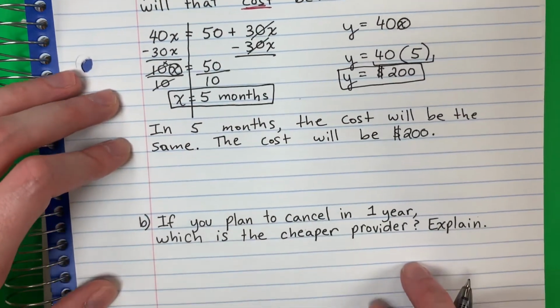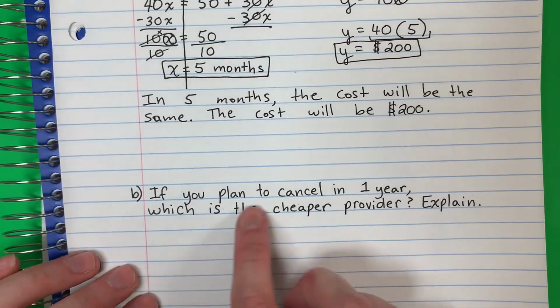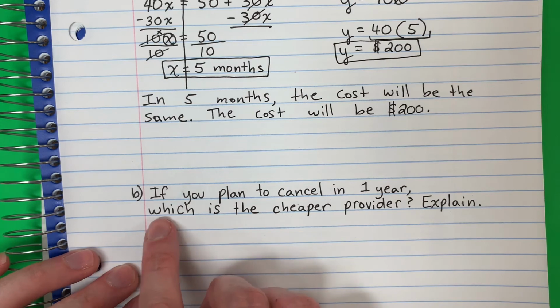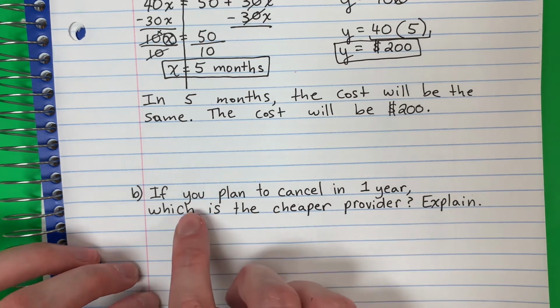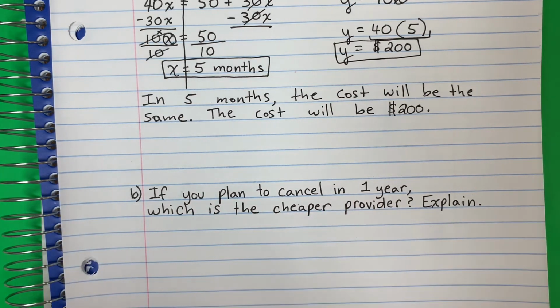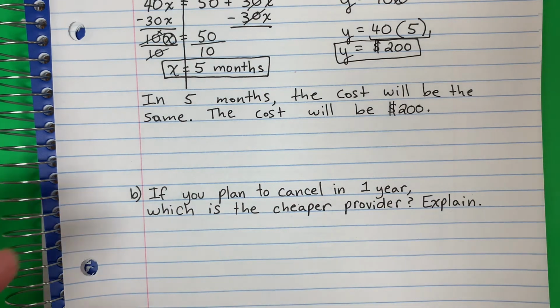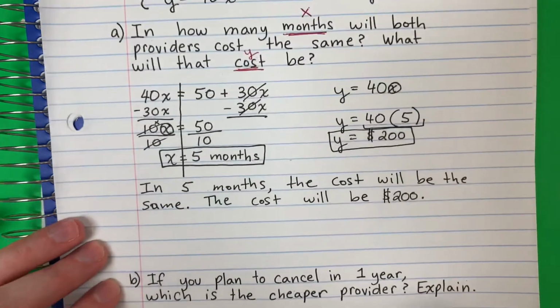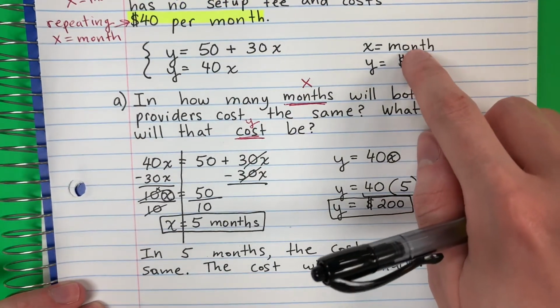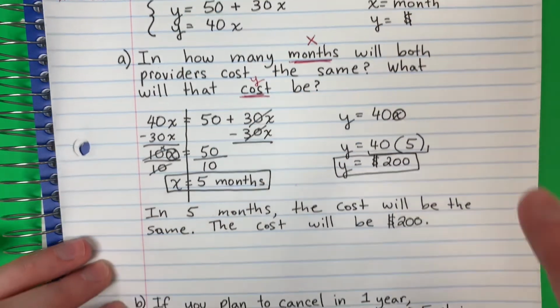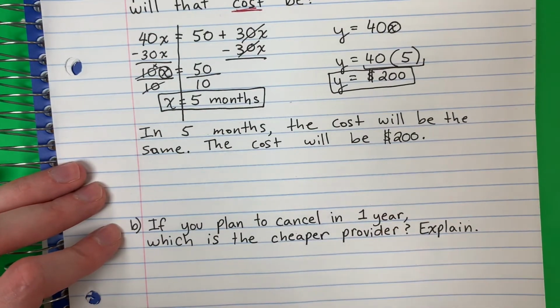Okay. B. If you plan to cancel in 1 year, which is the cheaper provider? Si quiero cancelar en un año, ¿cuál es el más barato? Explain. Okay. So, first, primero, I have everything in months. Tengo todo en meses. So I need to change the year. Necesito cambiar el año.